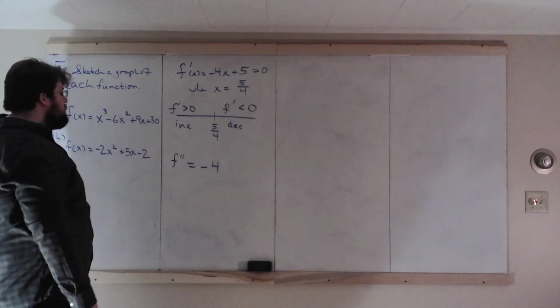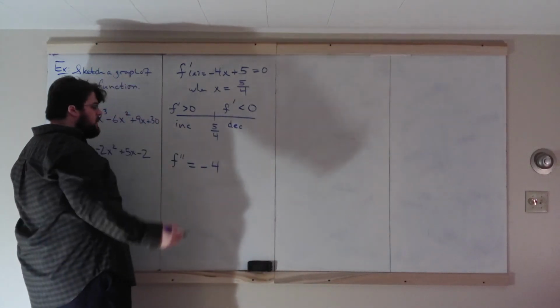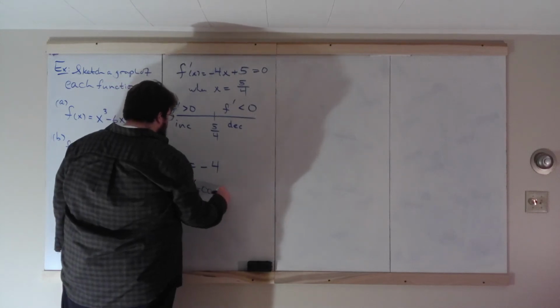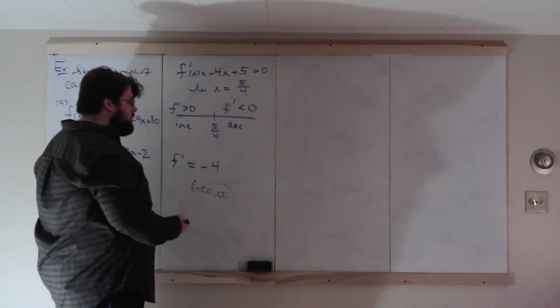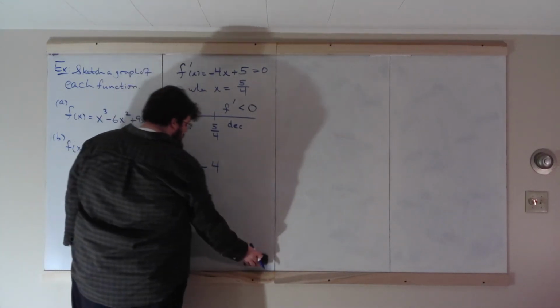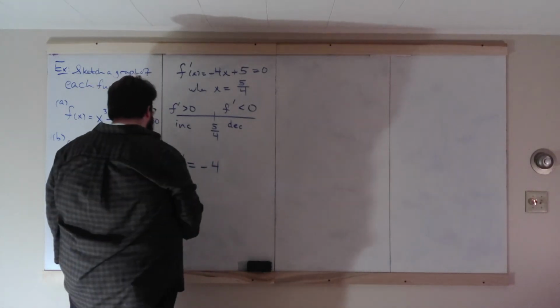Negative 4 is never 0, but what does this tell us? At every point the second derivative is negative. You substitute any point in there, you get a negative 4. What does that tell us about concavity? Remember, the second derivative tells us about concavity.